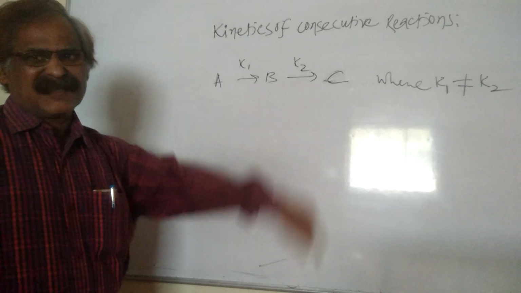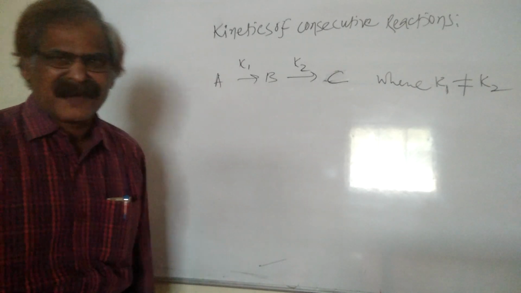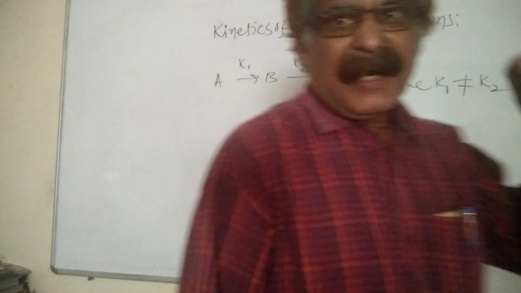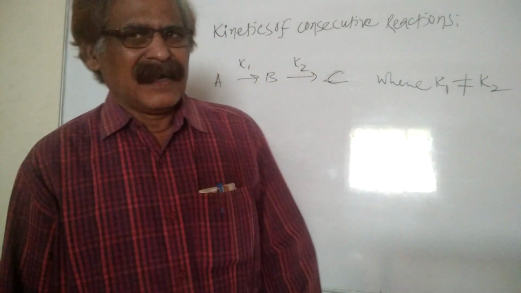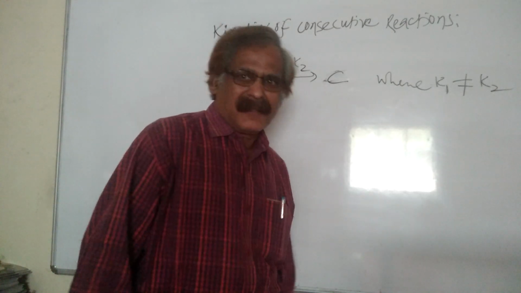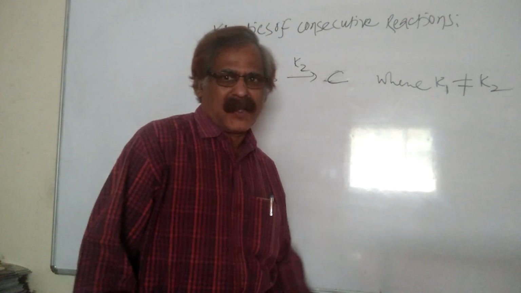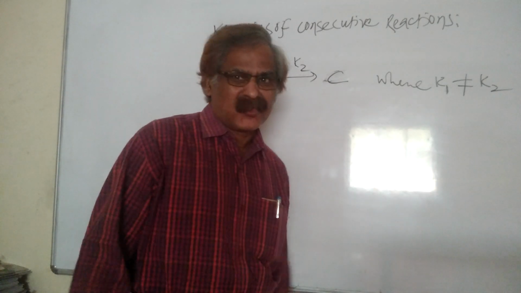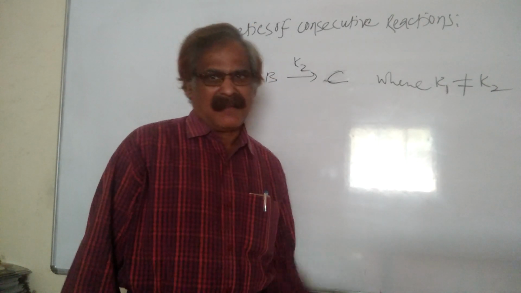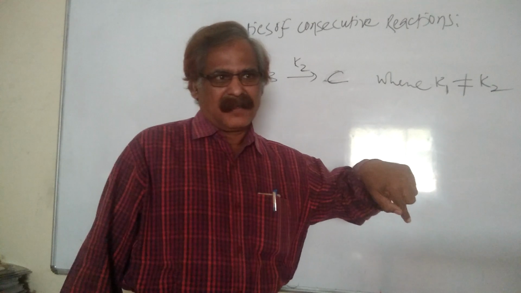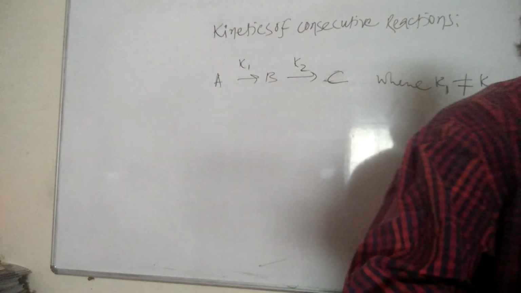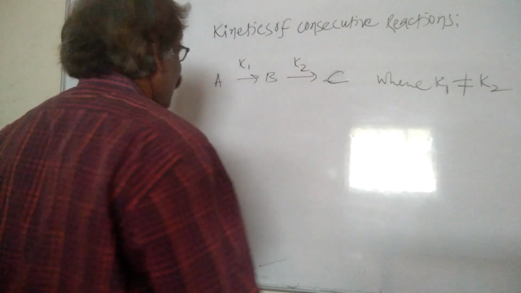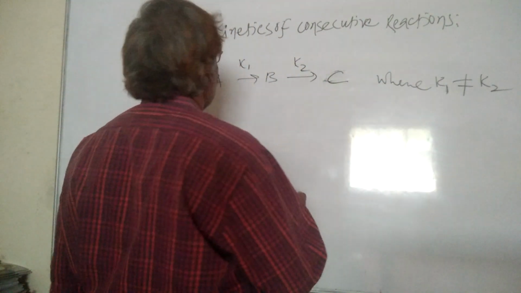But here, the conversion of reactant A into C does not take place directly. It occurs in two steps, via what? New product B. So let us see how we can explain kinetics of this consecutive reaction.